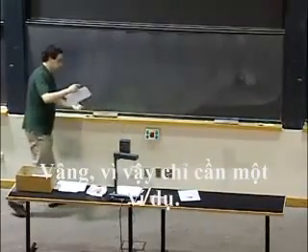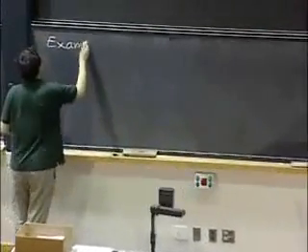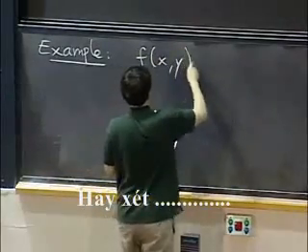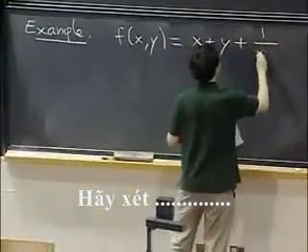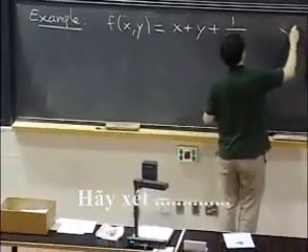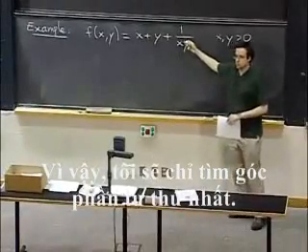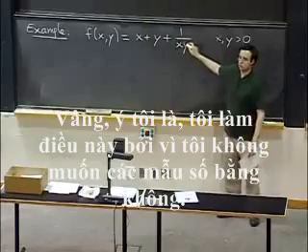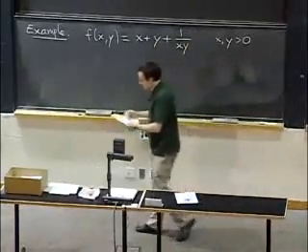Okay, so let's do an example. Let's say I look at f of x, y equals x plus y plus 1 over xy, where x and y are positive. So I'm looking only at the first quadrant. I'm doing this because I don't want this denominator to become 0. So I'm just looking at that situation.